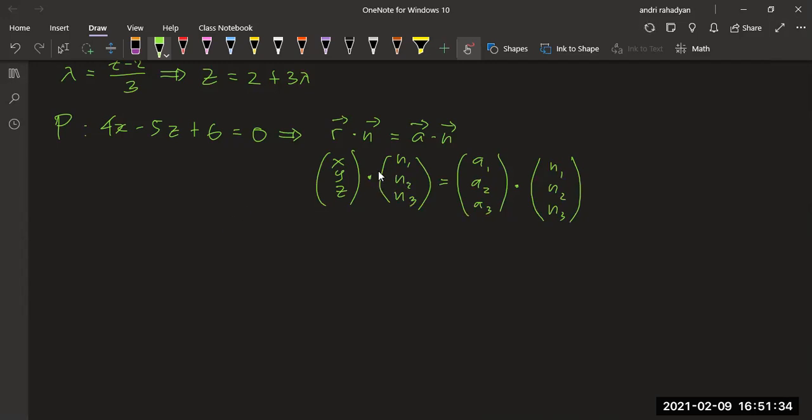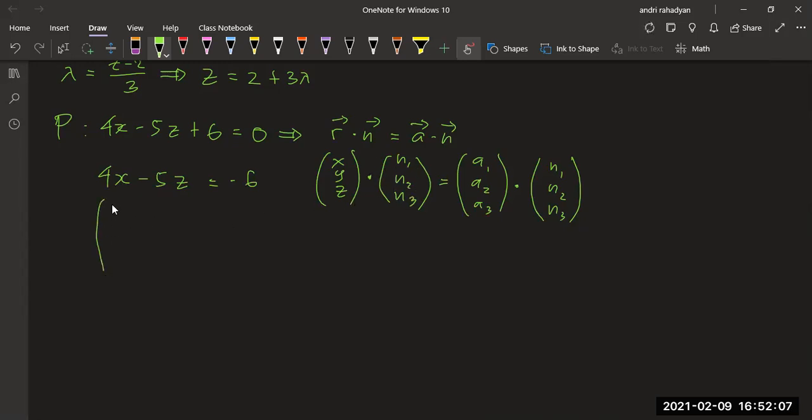So we have n1x plus n2y plus n3z equals a scalar, a constant. From this equation, 4x minus 5z equals minus 6 comes from r dot n.